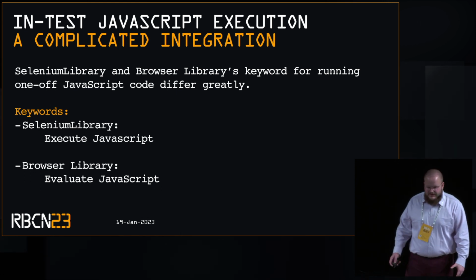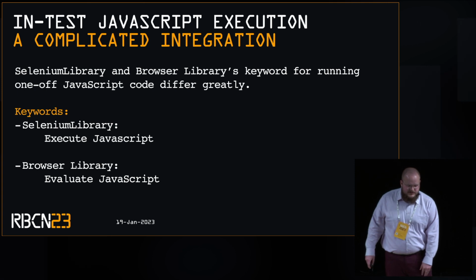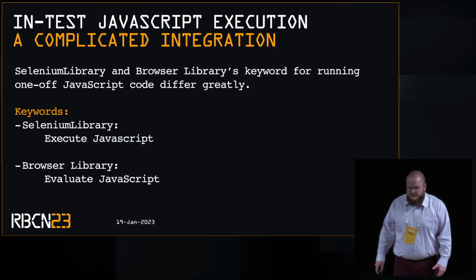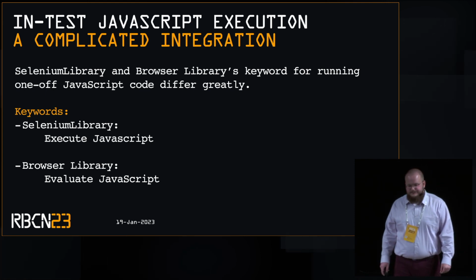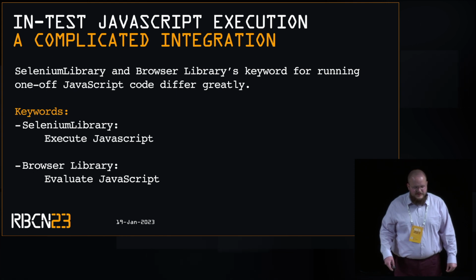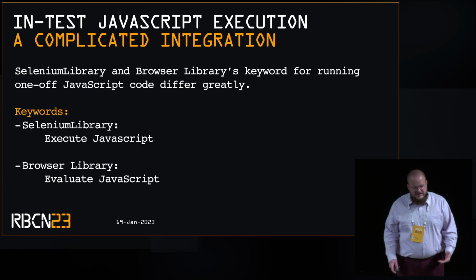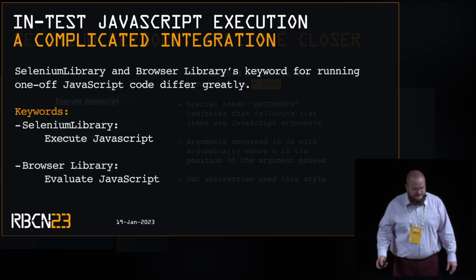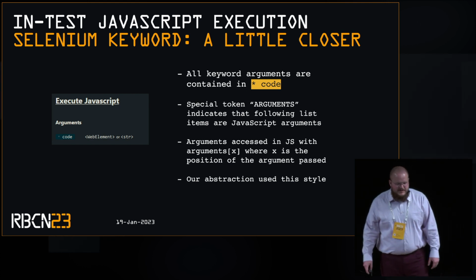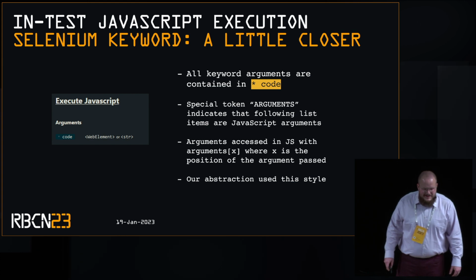Now our in-test JavaScript execution. In Selenium Library, JavaScript execution is done with a keyword called Execute JavaScript, and in Browser Library, it's done with Evaluate JavaScript. These keywords are both used to run one-off JavaScript code, and their implementations differ quite a bit. In Selenium Library, the implementation is a little bit strange, in my opinion.